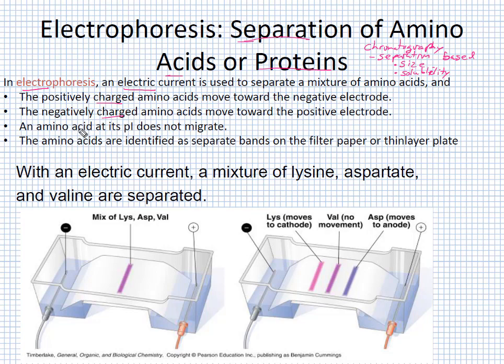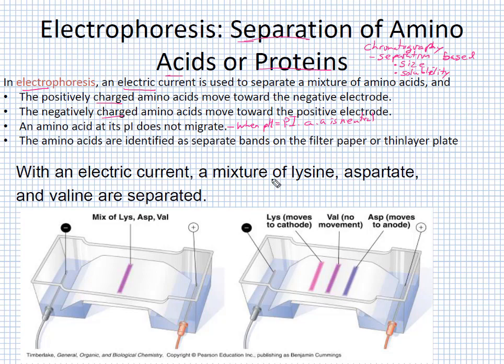All right. Anyway, electrophoresis follows an electric current, so it has to do with charge. Remember, an amino acid is electrically neutral at its isoelectric point, the pI, so it does not migrate. When the pH of a solution equals the isoelectric point, the amino acid is neutral and it won't migrate.